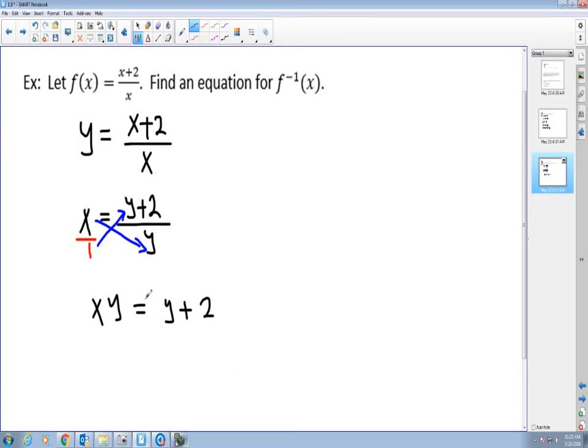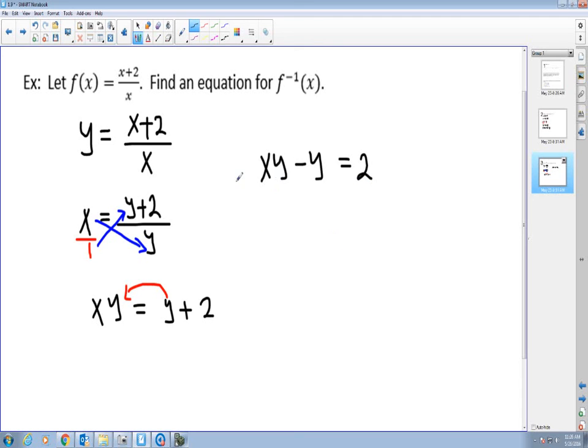Now I have three terms. My variable y is trapped inside two terms. So what I'm going to do is get my variable y on the same side first before I can factor out the y. I'm going to move this positive y over, and that will give me xy minus y equals 2.